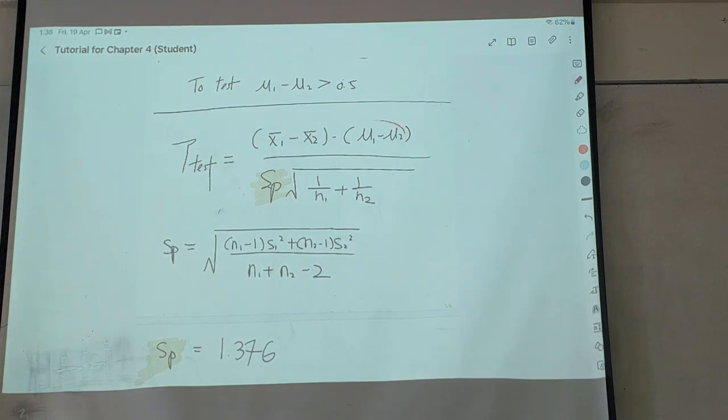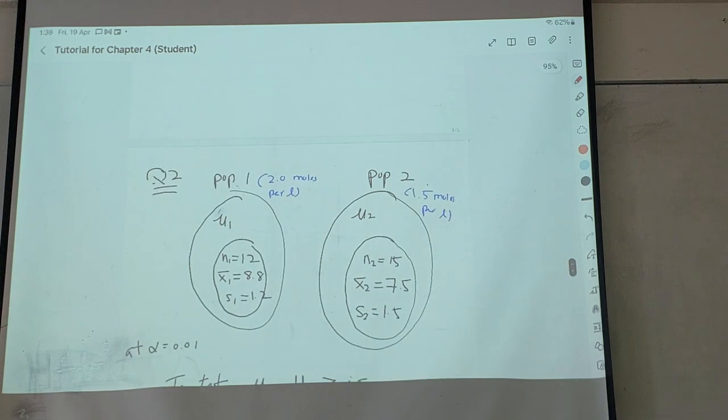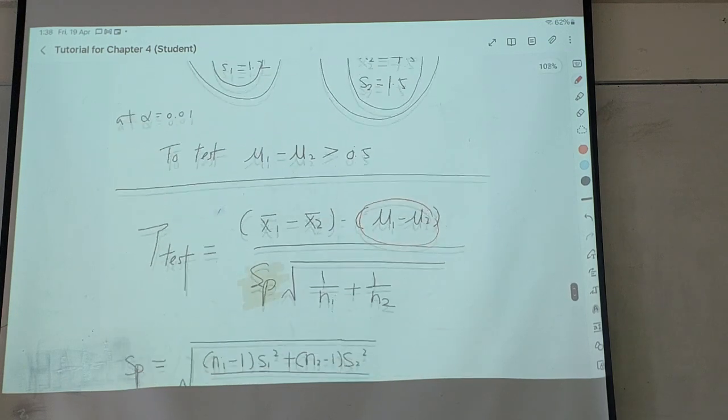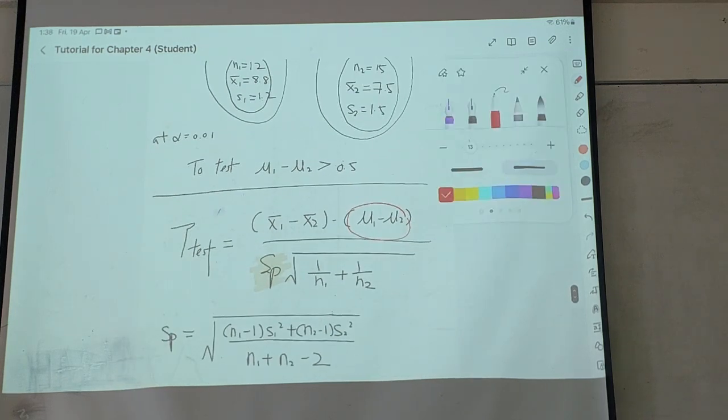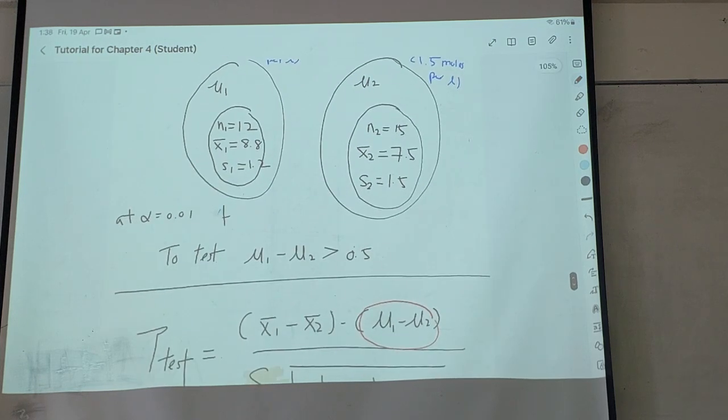How about mu1 minus mu2? You see this mu1 minus mu2, it's not always equal to 0. It depends on the question. What is mu1 minus mu2? I have not defined it in step one. So the null hypothesis is mu1 minus mu2 equals 0.5.